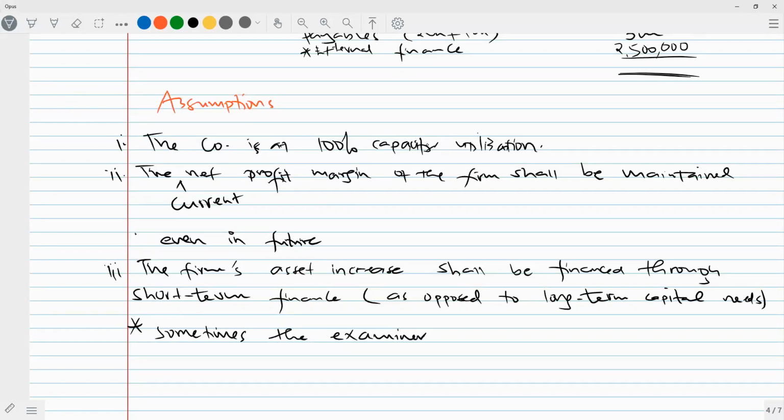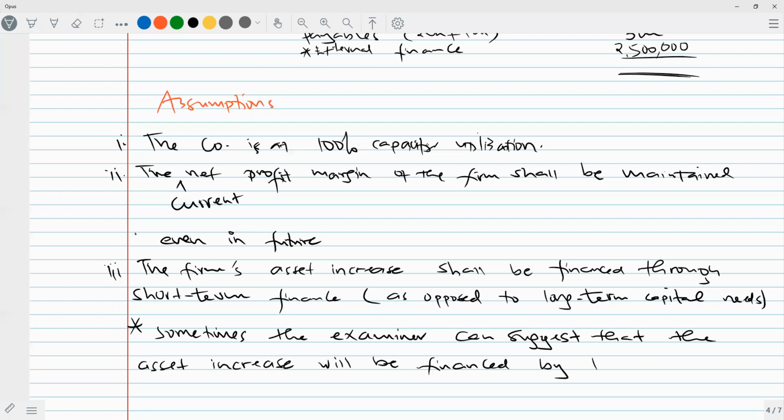Sometimes the examiner can suggest that the asset increase will be financed by long-term capital sources. Sometimes, not always, long-term capital sources.